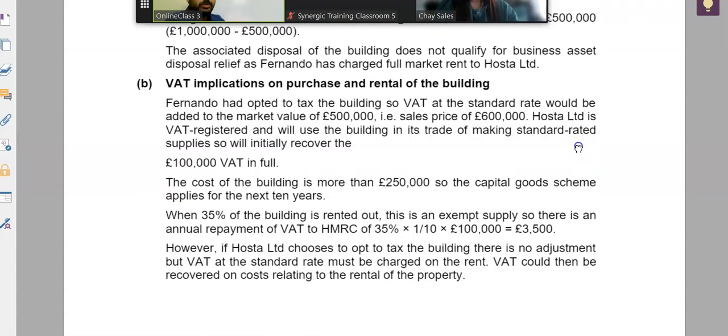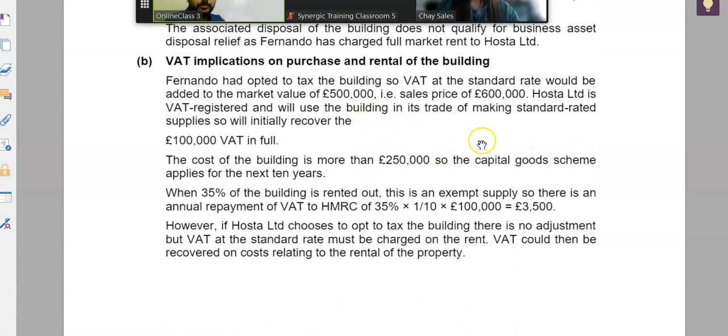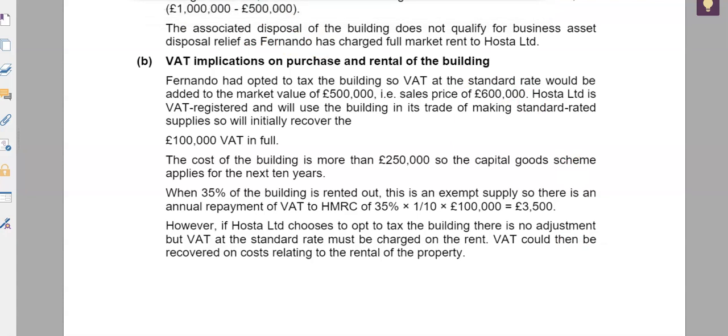Okay, so let's talk about the VAT applications. So you didn't mention this point.